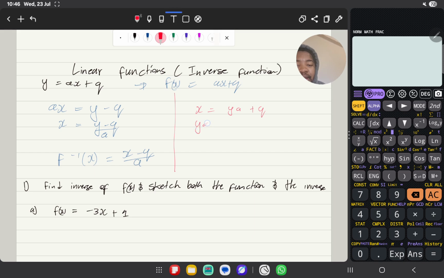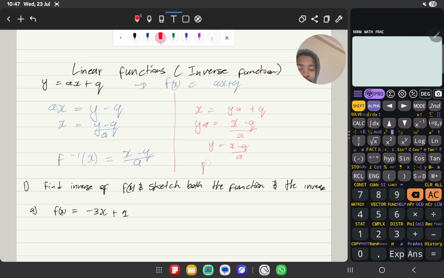So you'll have ya equals x minus q, because we transpose q, then you divide by a both sides. Then you have y equals x minus q over a, and you see that they match.